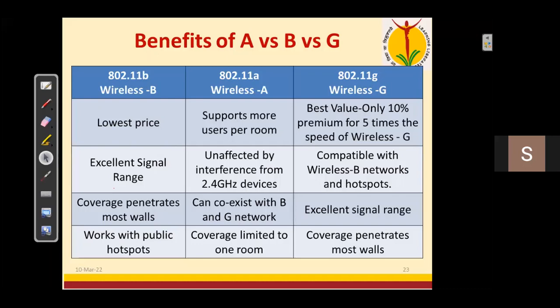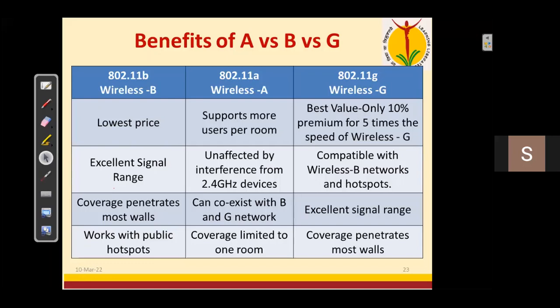And 802.11g has backward compatibility for the wireless speed. These are all Wi-Fi, as you know. It is used for non-line of sight also, so it penetrates most of the walls.